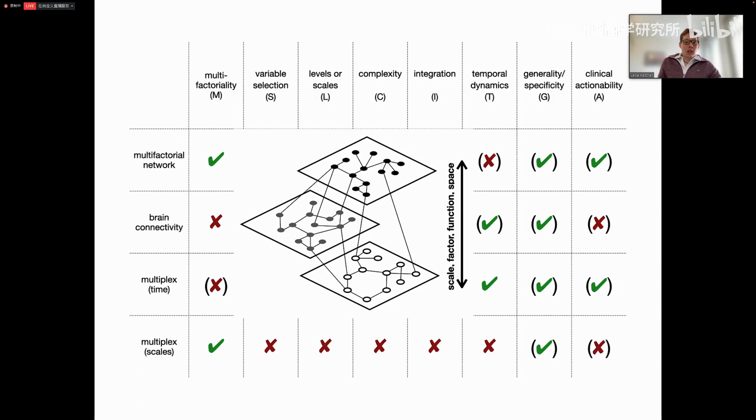Finally, when it comes to clinical actionability, this is also tricky because the relations between the layers within the multiplex may be rather easy to interpret, or we may give the relations within any layer a causal interpretation maybe. But then what the statistical relations between different layers or between variables from different layers are going to be, that's tricky, and we don't really know how to make sense of them in a meaningful way.